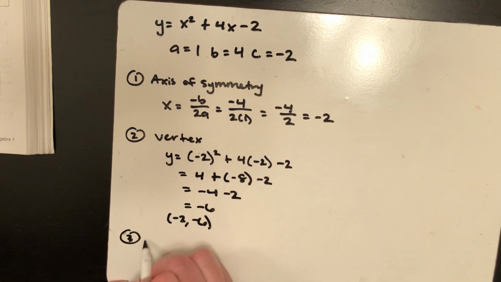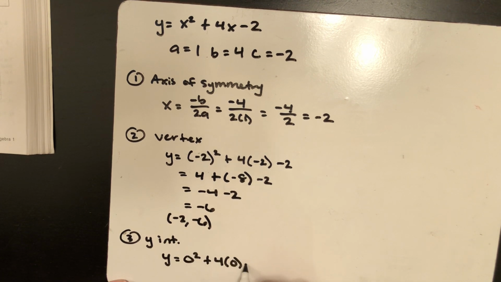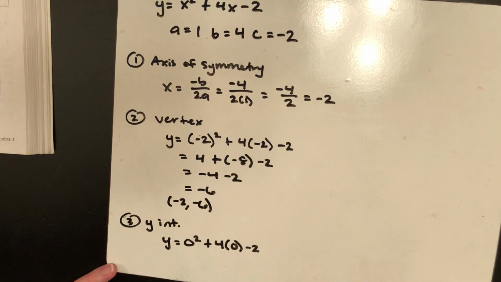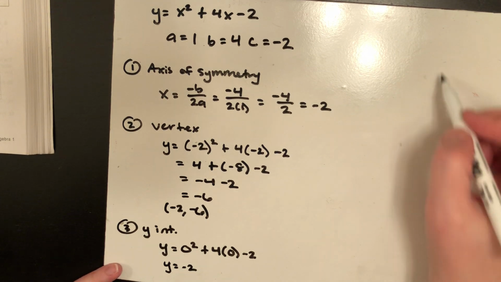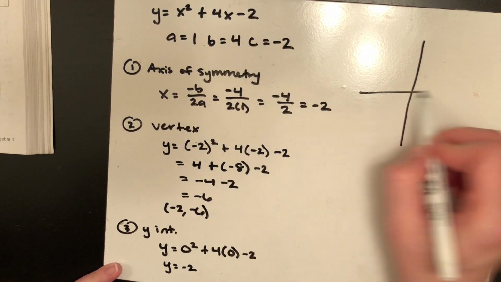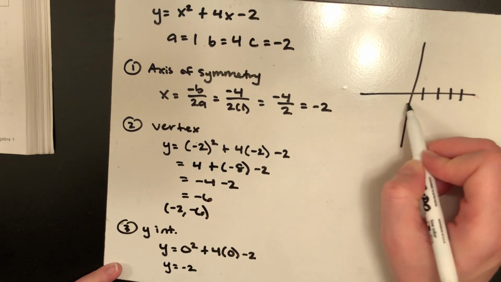All right, step 3 is my y-intercept. So I'm going to plug in 0 for x. 0 squared plus 4 times 0 minus 2 is y equals -2. All right, let's graph those important parts right now.